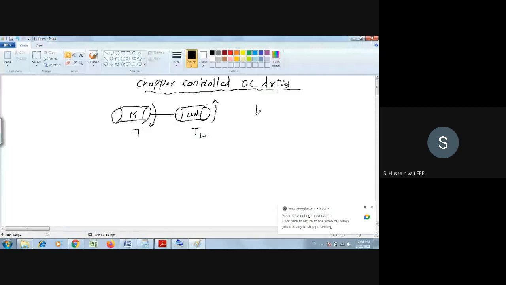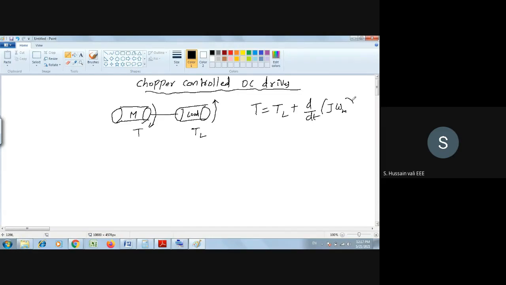That equation is T equal to... There is another term also. Taking the case of rotatory motion, T is equal to the load torque TL plus d by dt of J omega m.